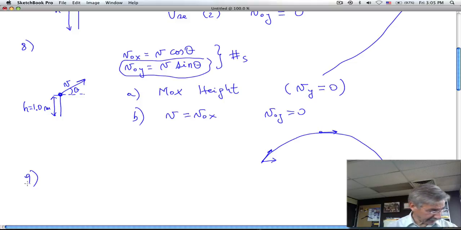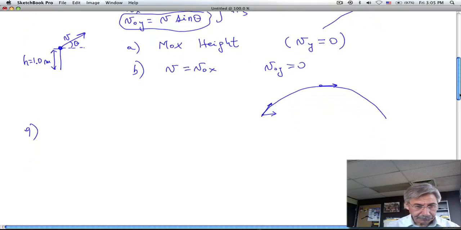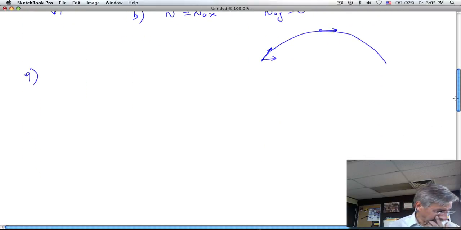Problem number 9. This is the problem of dropping a bomb, and it's typical in video games. So you have a plane. Let's just try to see if we can draw an airplane here. Close.